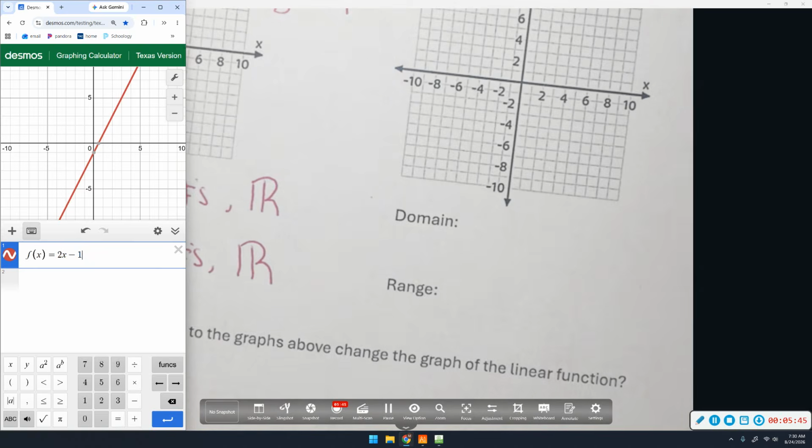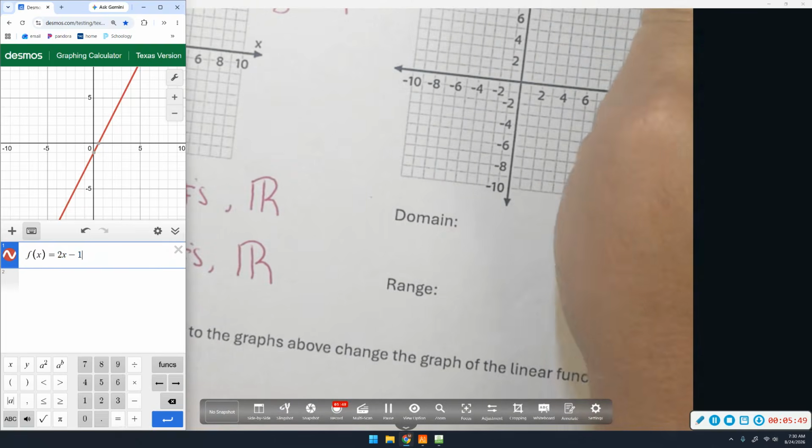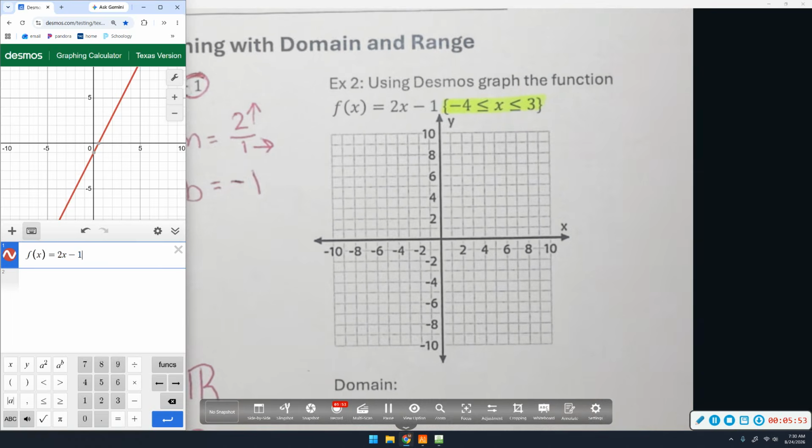What does number 2 add behind the equation? Anybody know the word for that? What I just highlighted? So it's an inequality. That's what those symbols are, the less than, greater than, right? Those are inequality symbols.